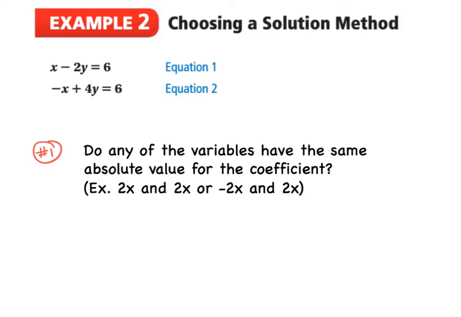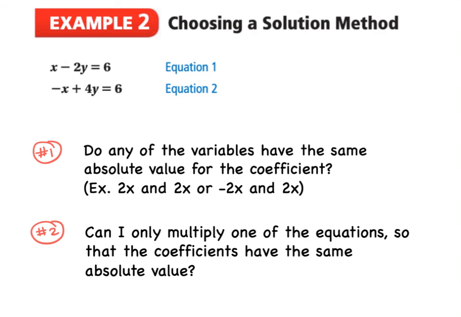If that doesn't work, our second strategy would be: can I multiply only one of the equations so that the coefficients have the same absolute value? Our goal is, if we can, to avoid having to multiply both of the equations by a number, because it's going to create more work than we would like, and also more room for error. So now we've got these 2 different strategies, 1 and 2. The priority is to do strategy 1, and if we can't, we do strategy 2.